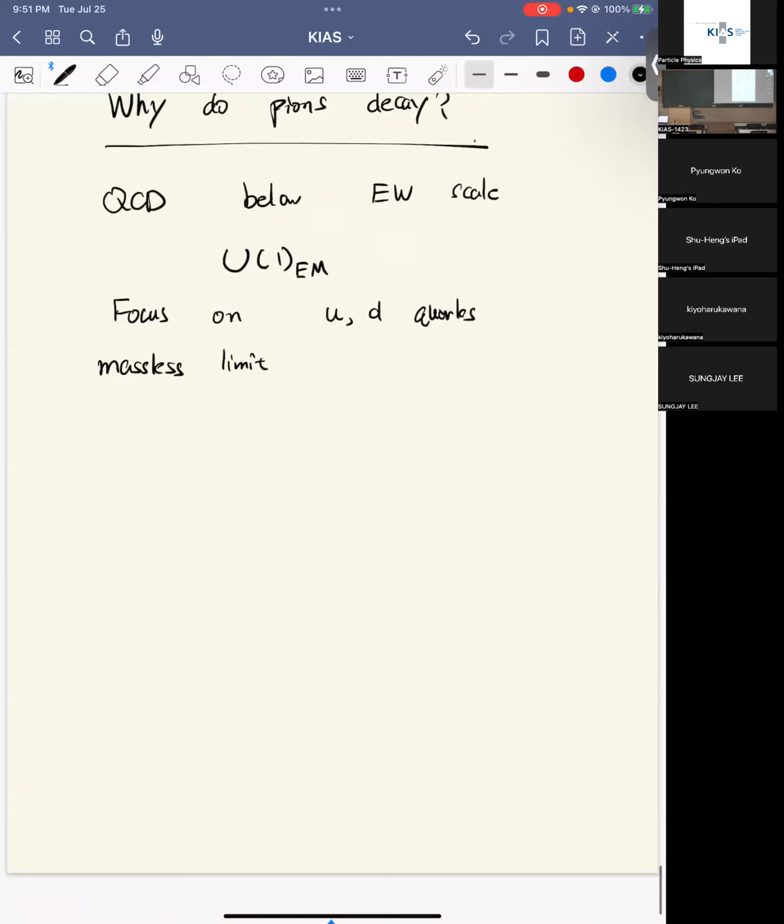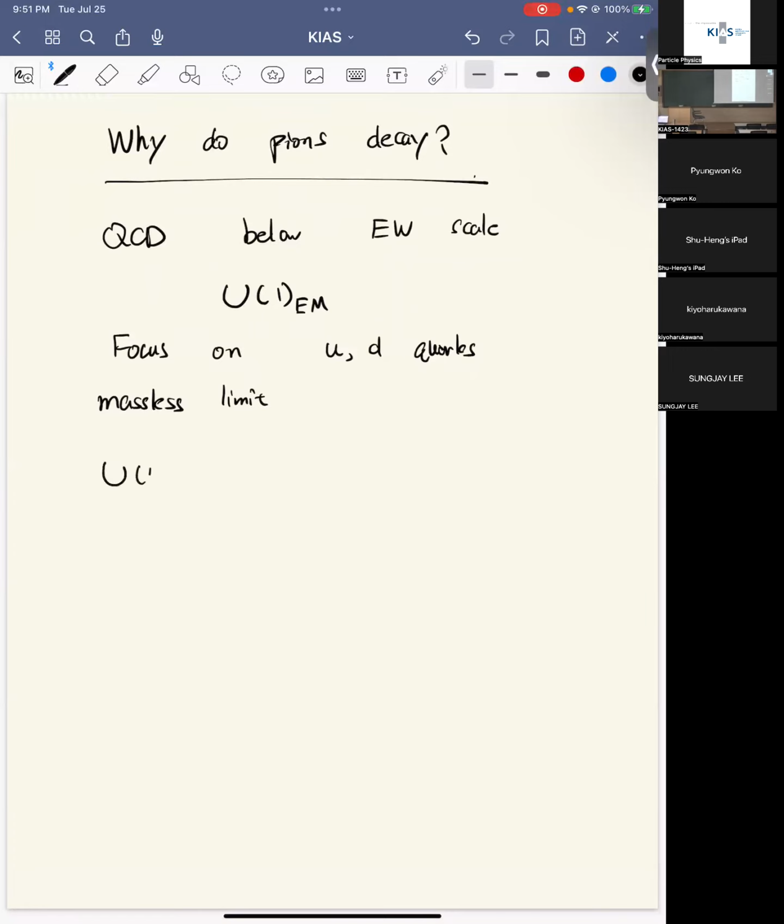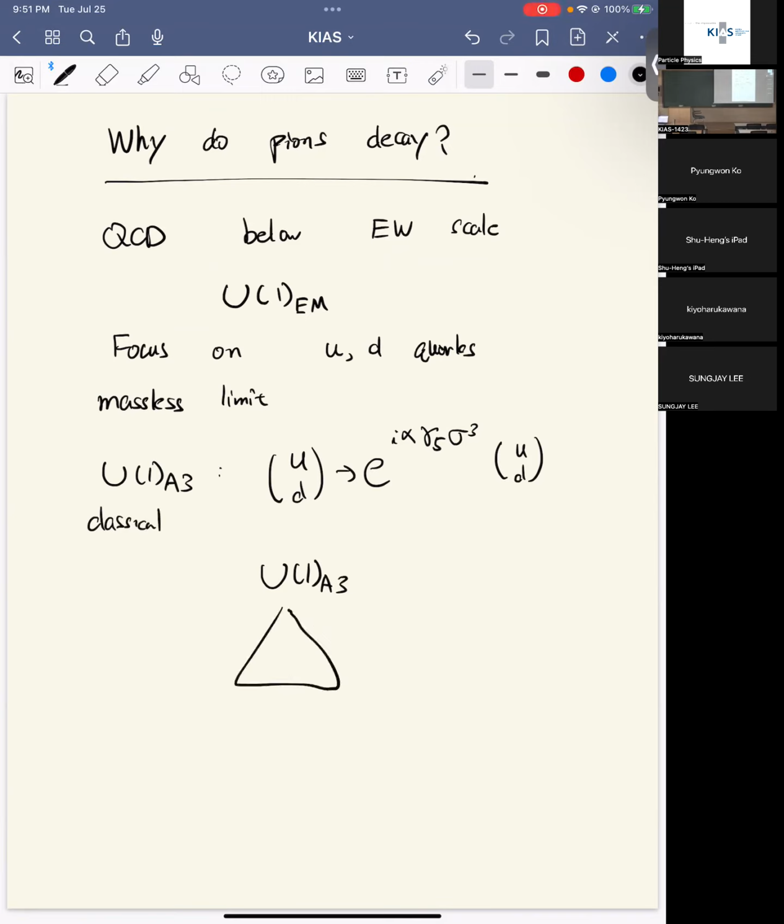The QCD Lagrangian in this limit has a chiral symmetry, which let me denote by U1A3. So we rotate U and D by e to the i alpha gamma 5 sigma 3 acting on UD. So the 3 here stands for the fact that there's a sigma 3 over here. And the reason for choosing the sigma 3 is because this U1A3 classical global symmetry suffers a triangle anomaly with U1 electromagnetism.